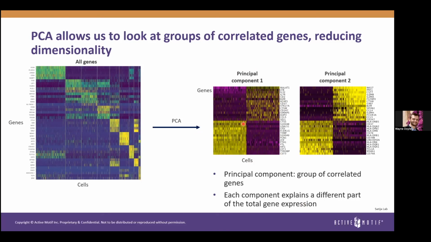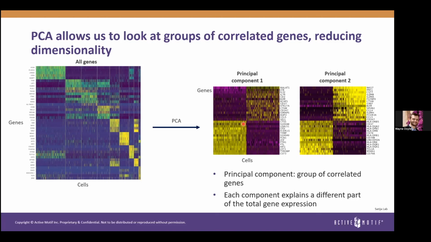If you combine enough principal components together, you can fully recapitulate your entire gene expression space. But typically, if you look at just a small subset, we look at 50 by default, that allows you to capture most of what's happening with gene expression, but you're now looking at just 50 numbers instead of 2,000 numbers per cell.